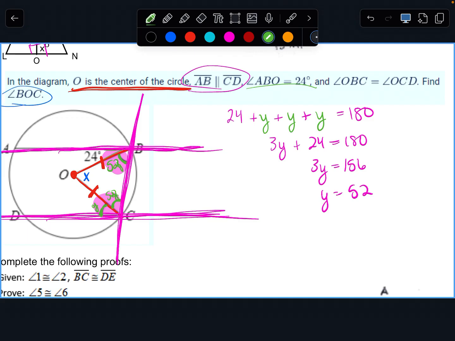So now I can figure out x, because think about it. We've got the 52 and the 52, and these two are the same, right? So now we can figure out x.